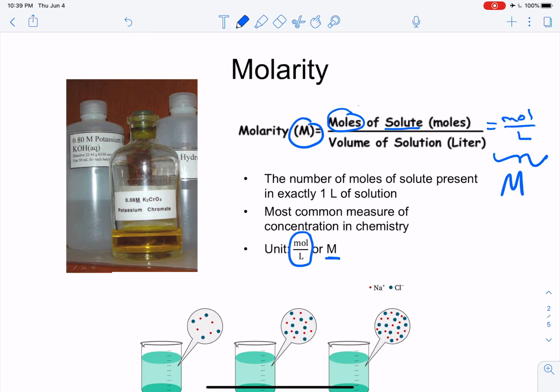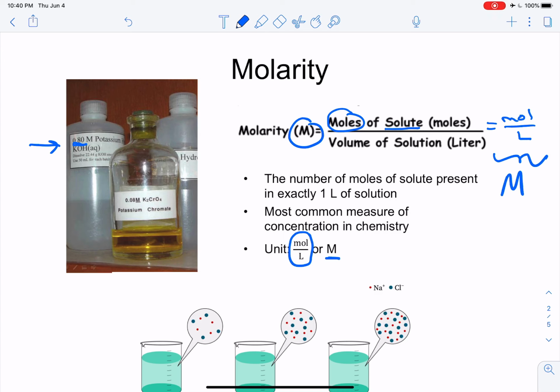So it doesn't matter what your solute is. It could be NaCl, which is sodium chloride, or potassium bromide, or like we see over here, potassium hydroxide. It's telling us how many moles are in that 1 liter of solution. And if that number right there is larger, then we have more solute in that solution, and the solution is more concentrated.